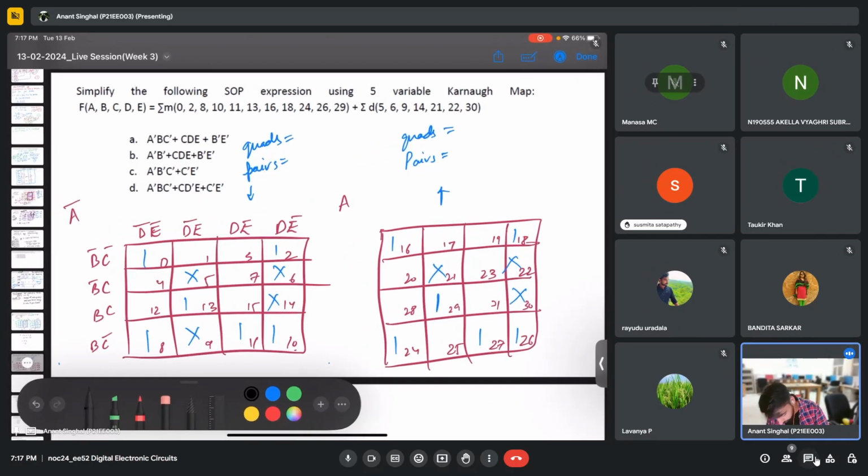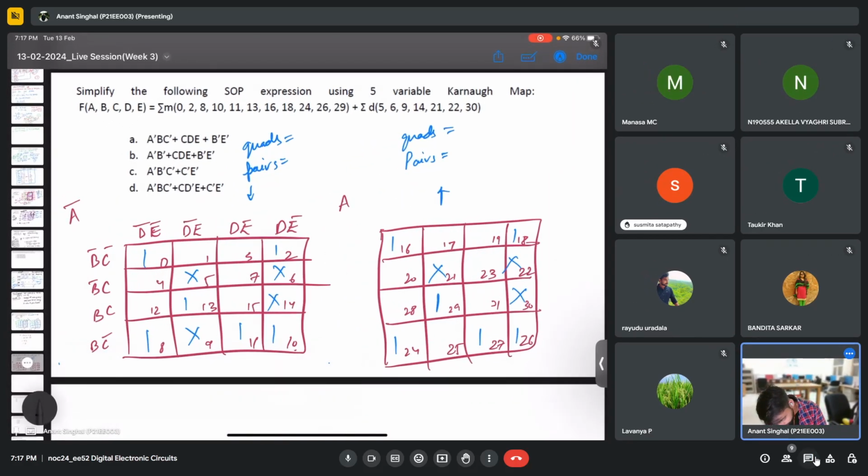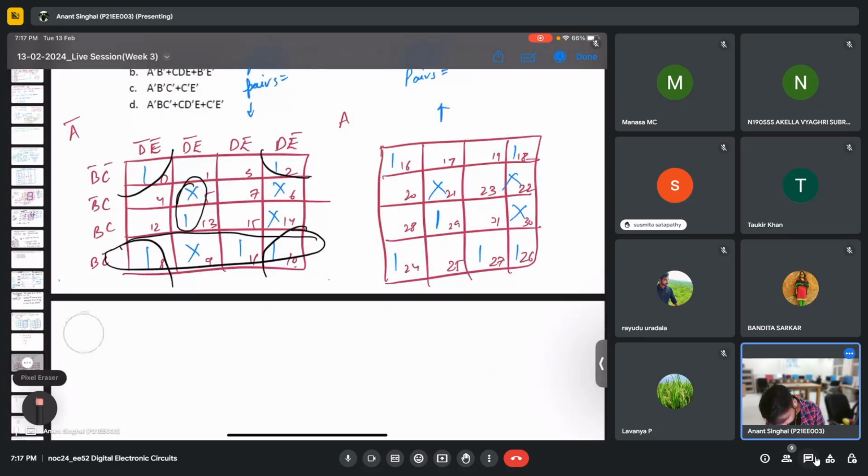For the first box, I can clearly see there are two quads possible. One is this, and one will be this. And since this is don't care, this is the only pair I can take. So for the first term, it is coming out to be A complement times B C complement.